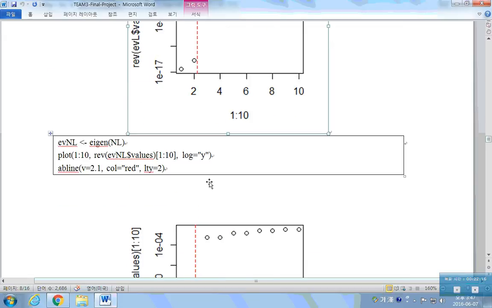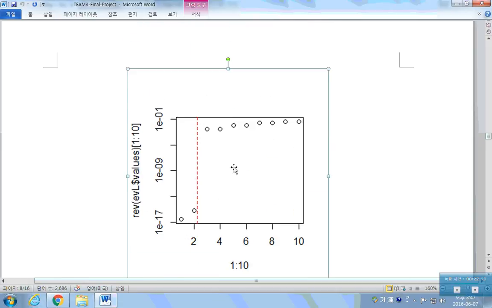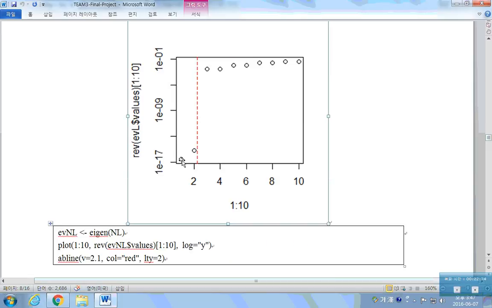But from the original data, we can see that k should be 2. For some cases it doesn't make sense that k should be 3.